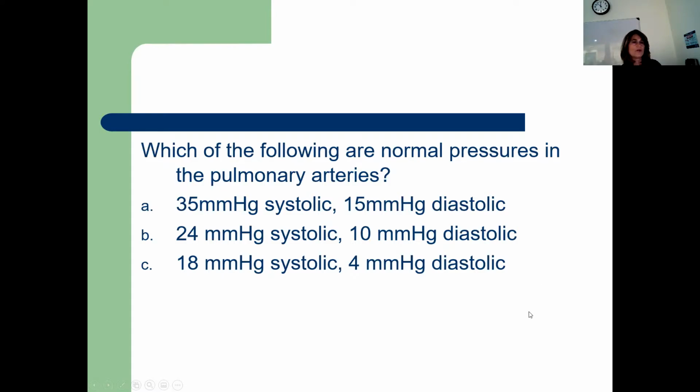Chris, which of the following are normal pressures in the pulmonary arteries? 35/15, 24/10, 18/4.